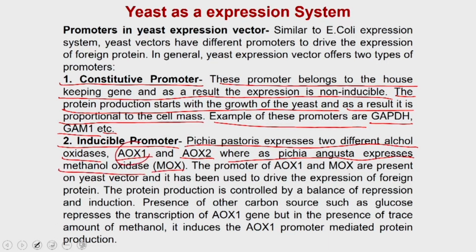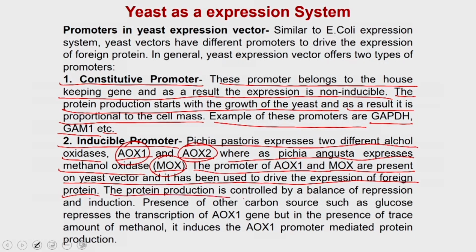If you take the promoters of these three genes, they are going to be inducible promoters, because as soon as you add the alcohol, the promoter in front of these genes is going to generate a large quantity of these proteins. The promoters of OX1 and MOX are present on yeast vectors, and have been used to drive the expression of a foreign protein in an inducible manner.